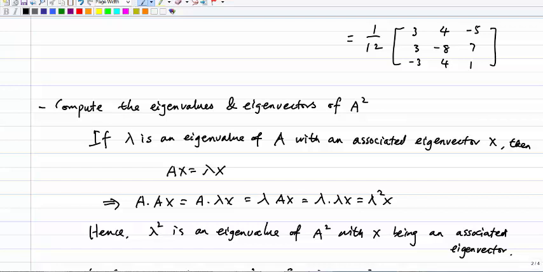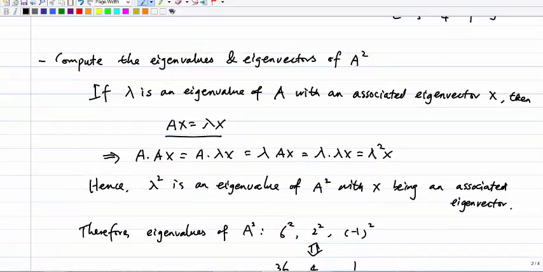So if lambda is an eigenvalue of A with associated eigenvector x, then I have Ax equals lambda x. That's the definition of the eigenvalue and eigenvector. If I multiply both sides on the left by A, on the left hand side I have A squared times x.